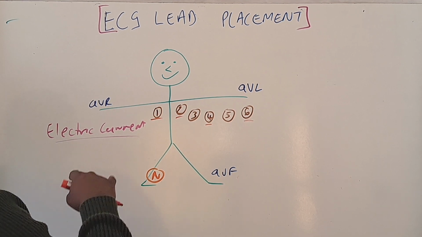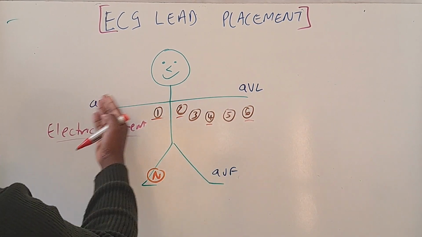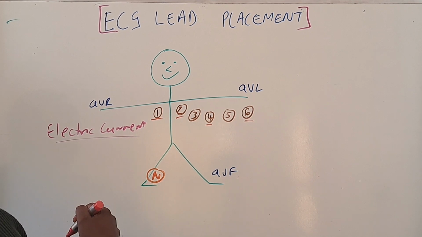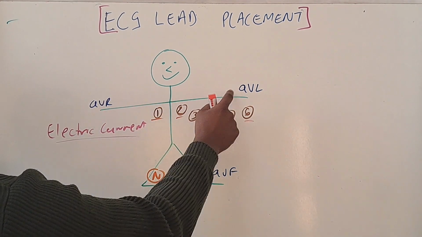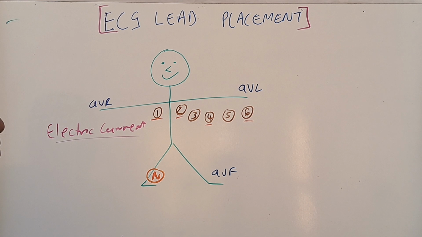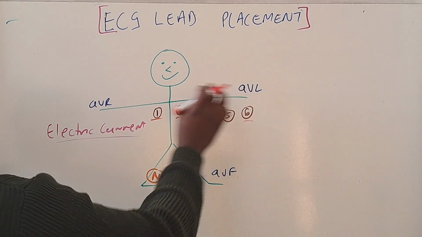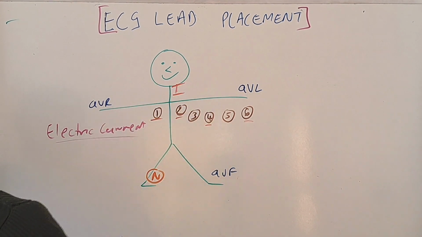But there's a lead that is able to sum up, sort of like a resultant of these two. The ECG is able to summarize these two leads and give us a wave-like pattern, or a recording or a tracing. So the lead that is able to do that between AVL and AVR is what is called lead 1.